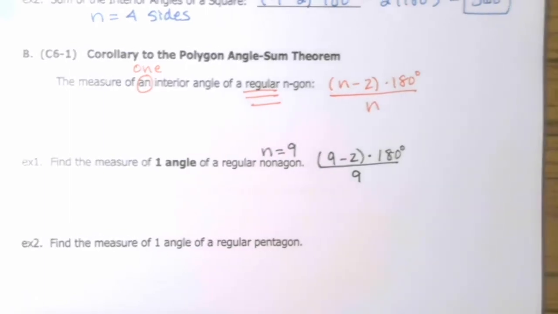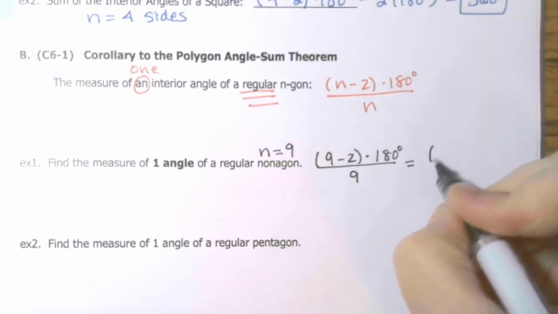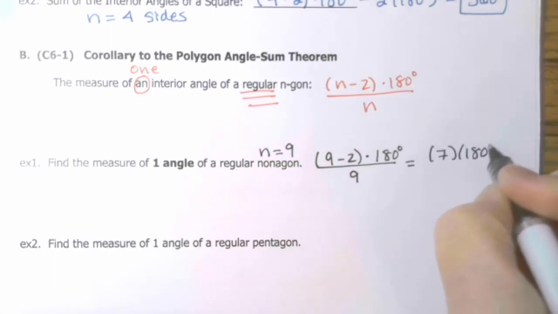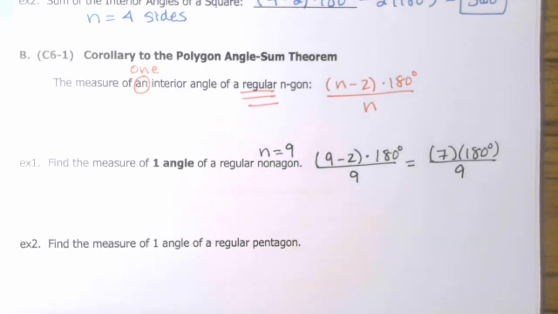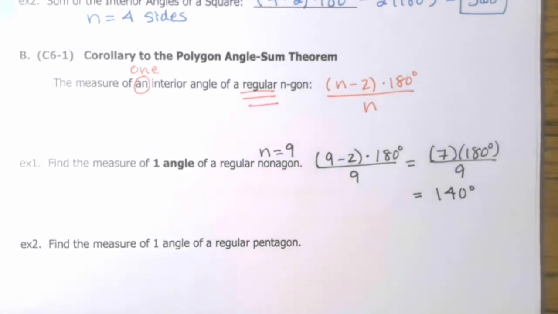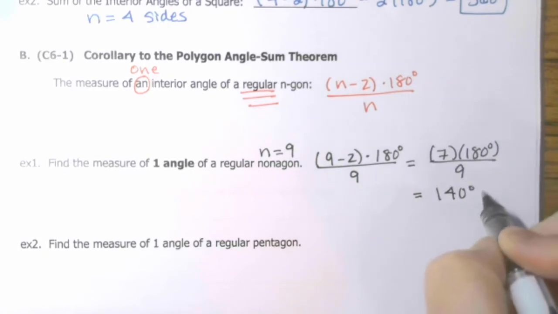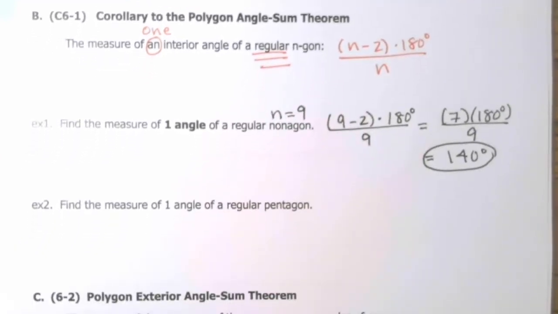There's our setup. 9 minus 2 is 7, so I have 7 times 180 degrees on the top divided by 9. 9 goes into 180 20 times. 20 times 7 is 140 degrees. That is the measure of one angle of a regular nonagon.